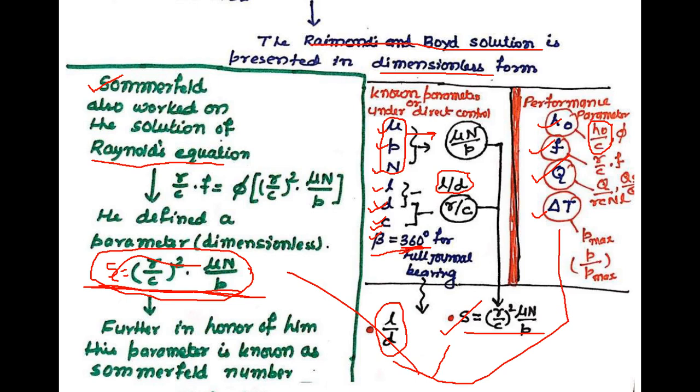H naught upon C, R upon C into F, Q upon RCNL, QS upon Q, P upon P max. Okay, now come to the next slide.